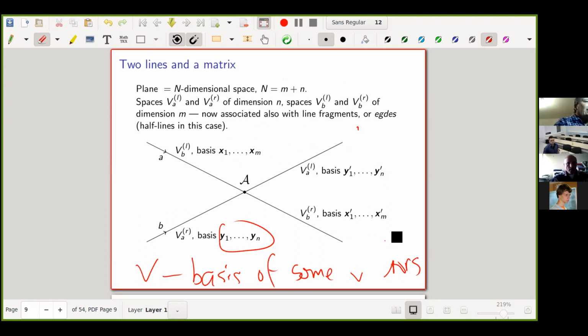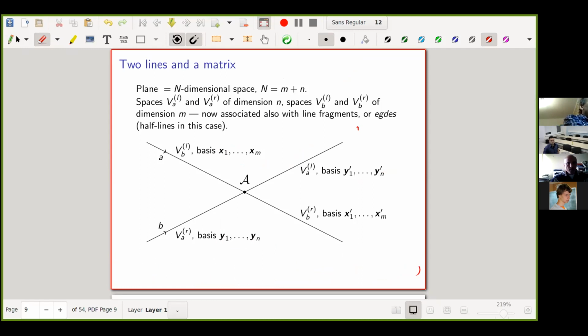Actually, we are interested in such half lines as, for instance, this one, and the restrictions on this half line are given by the condition.